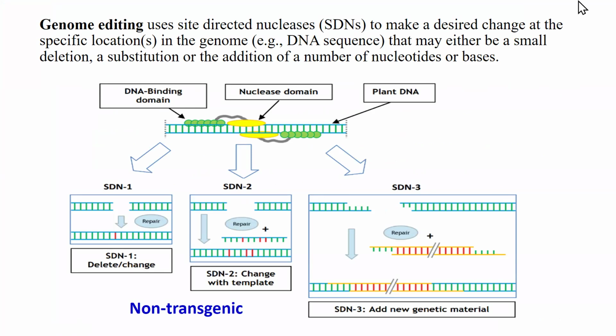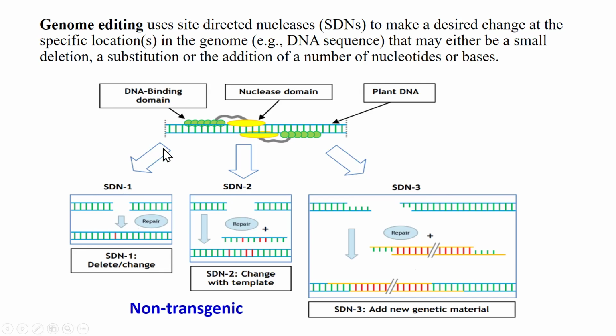Generally, we group them in three groups, SDN1, SDN2, and SDN3. And I discussed site-directed nuclease 1 and 2. They are non-transgenic, but SDN3 are transgenic. This is why the resultant organism can be considered as GMO.